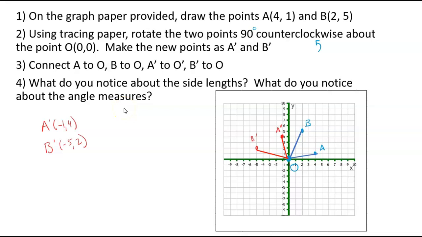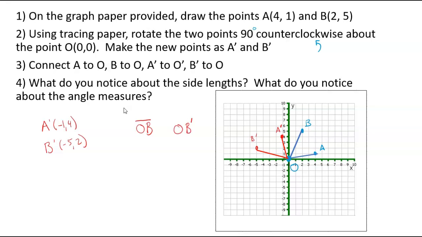What do we notice about the side lengths? Do we notice anything about B prime to O and my B to O? So you might want to trace your OB. Go ahead and trace the line segment OB and put it directly on the line segment OB prime.